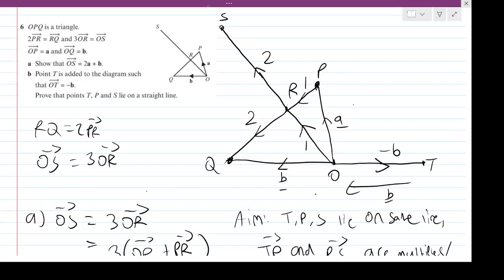Well, to get from P to S, I could go from P to R and then R to S, but I think it might be a bit simpler to go from P to O and then O to S, because I know what O to S is. I found that in part A, right? So again, it's a very good idea to use vectors you already know. So I'm going to use the fact I know what OS is. So to go from P to S, I can go from P to O and then O to S, okay?